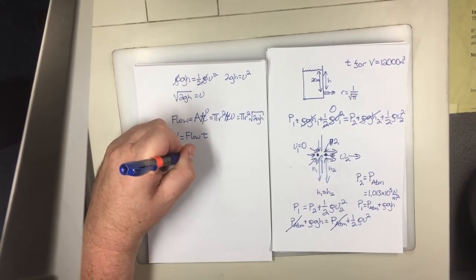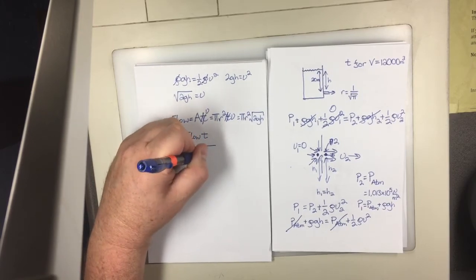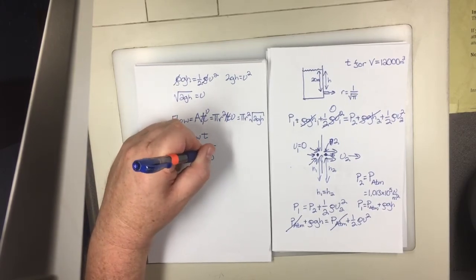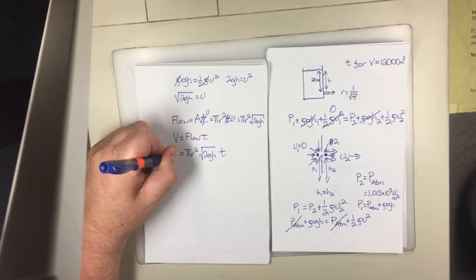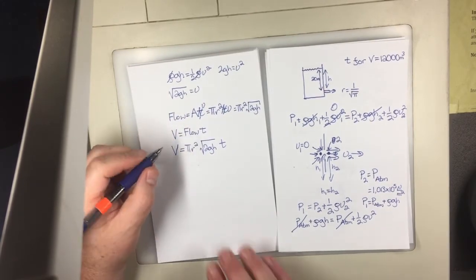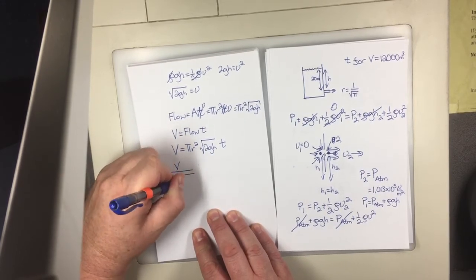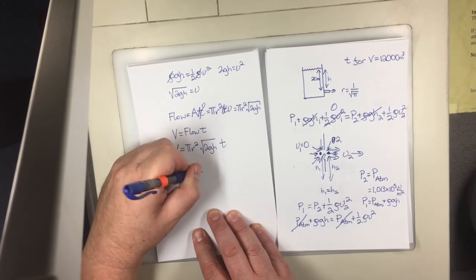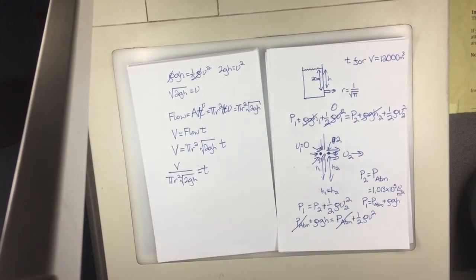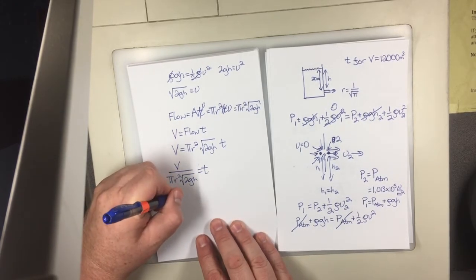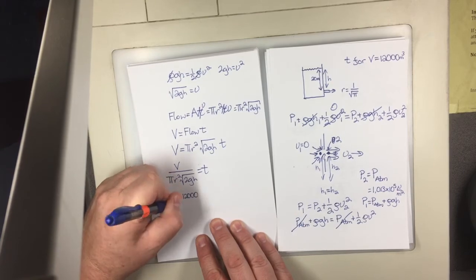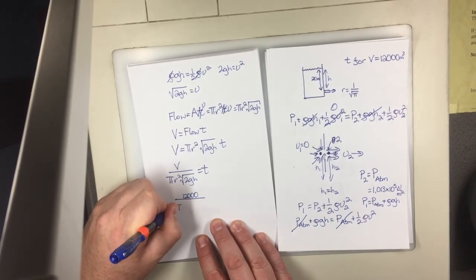This makes it pi r squared square root of 2GH times time. So volume over pi r squared square root of 2GH is equal to time. So this becomes 12,000 over pi.